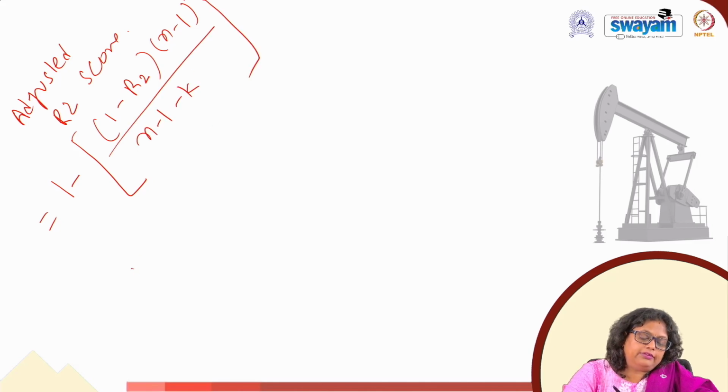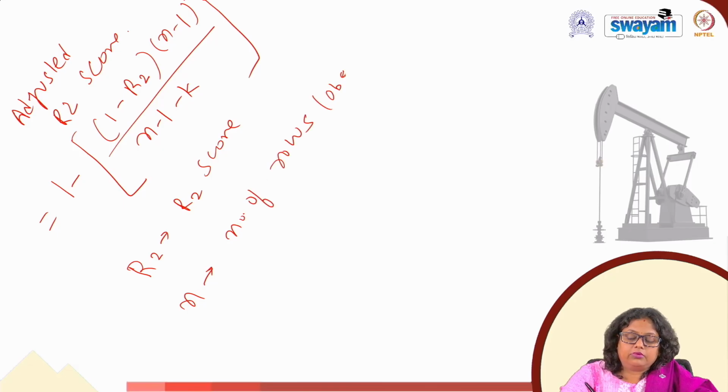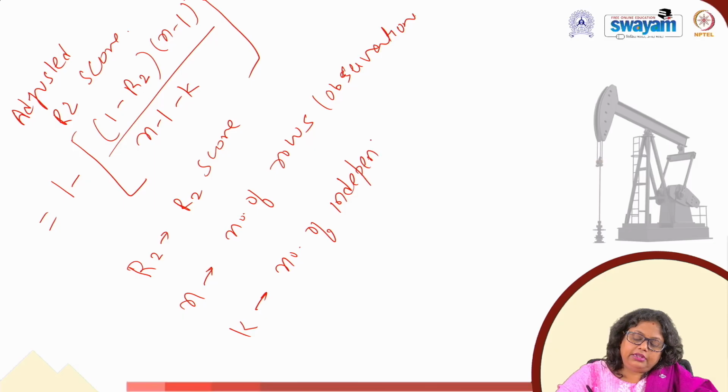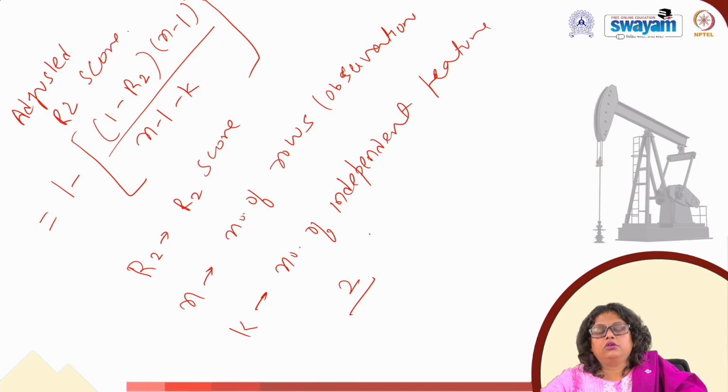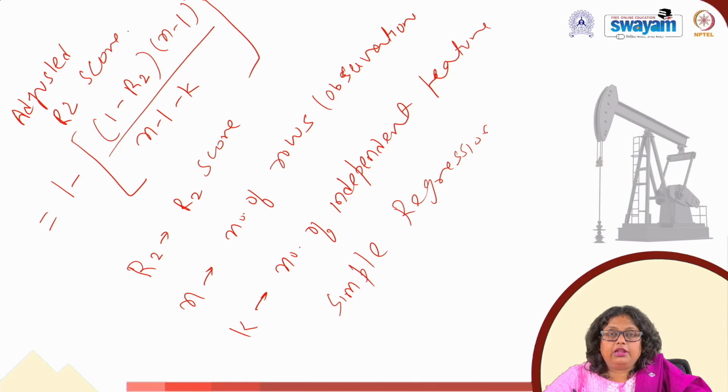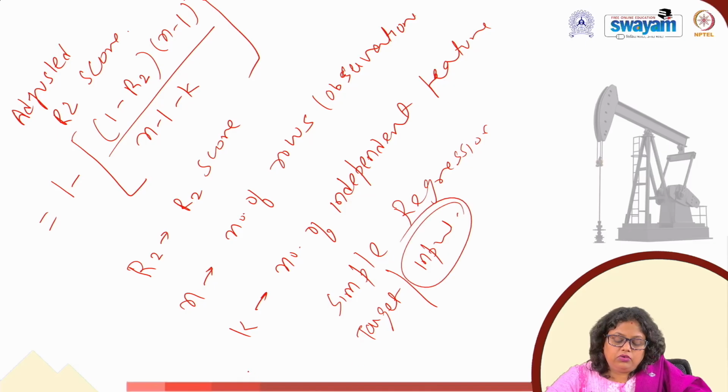R2 is the score, n is your number of rows or observations, and k is the number of independent features. In simple regression you only have one target and one input, so the independent variable is 1, so k becomes 1.